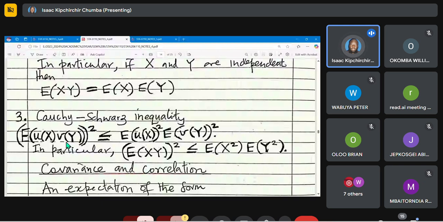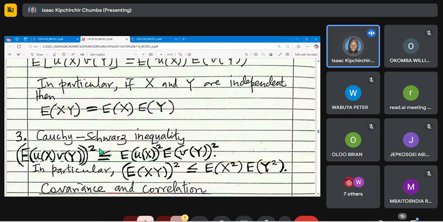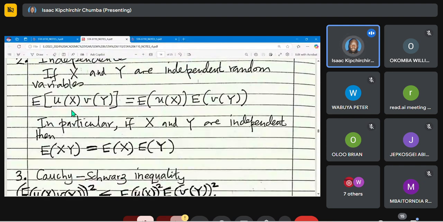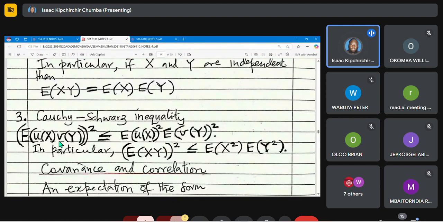A special case of this inequality is when we take u of x to be x itself and v of y to be y itself. Just as we found a special case before from the general case, we also write a special case of the Cauchy-Schwarz inequality. So we say the expectation of XY, squared, will always be less than or equal to the expectation of X squared times the expectation of Y squared.